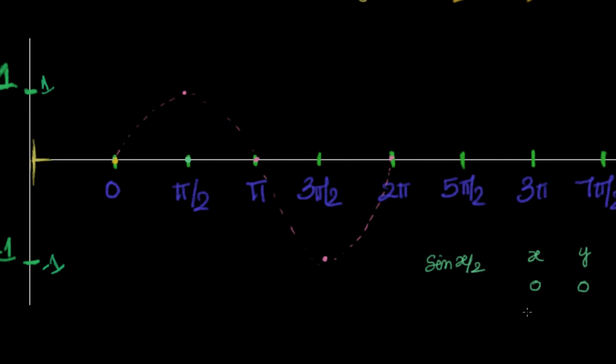I want to check where it becomes 1. To become 1, I should get pi by 2 here, so I'll check for x equal to pi. The value of y is sin pi by 2, that's equal to 1. That means the 1 earlier which was coming at pi by 2 is now moved to pi.